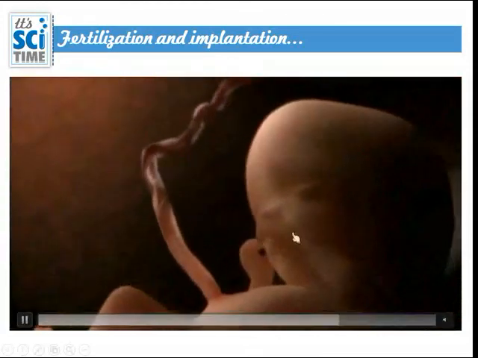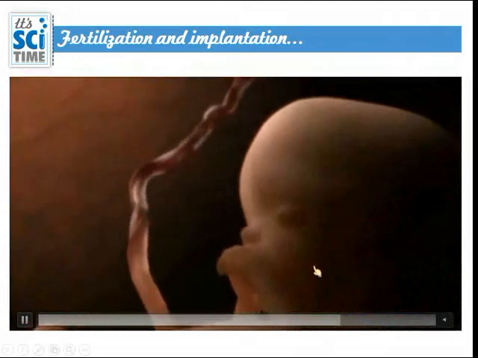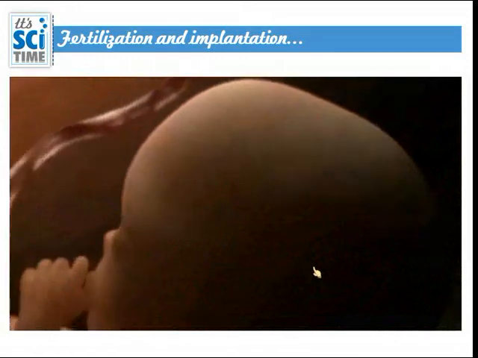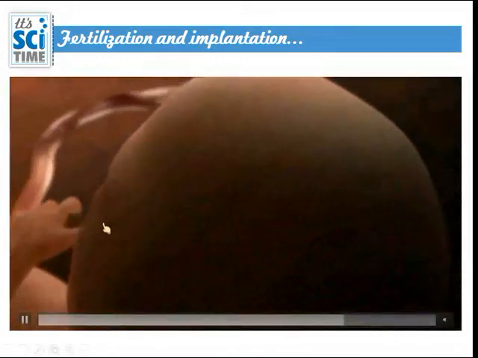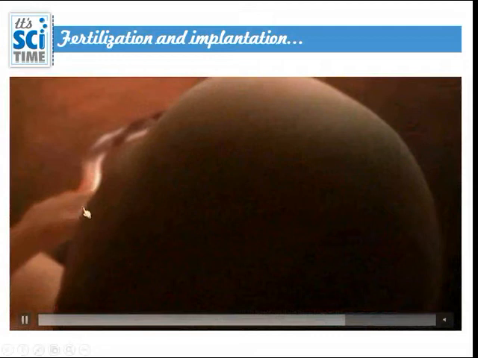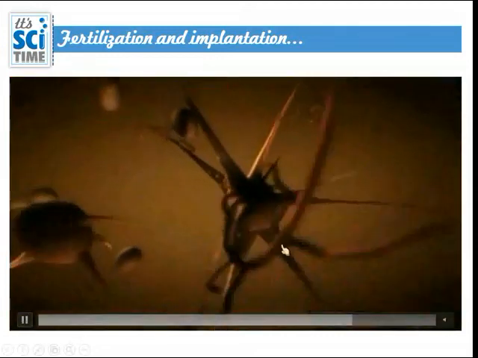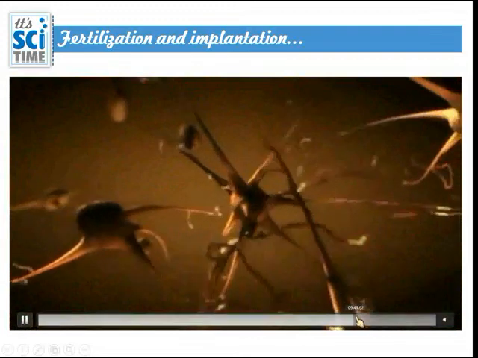Also it starts some motor movement here, physical movements. Look at this, the limbs or the arms, they are moving now. Brain development here, the brain cells, new brain cells developing.